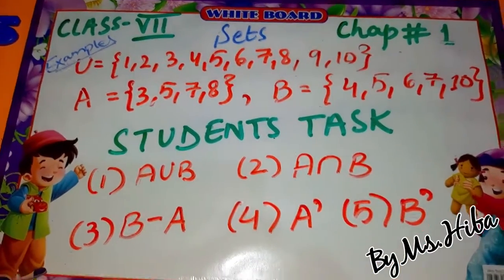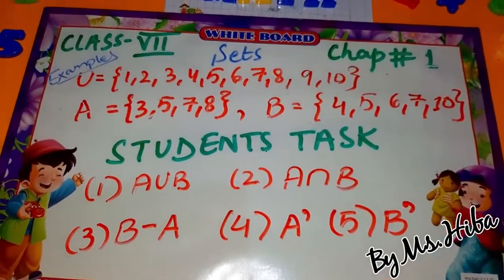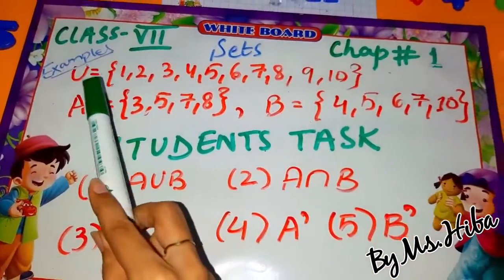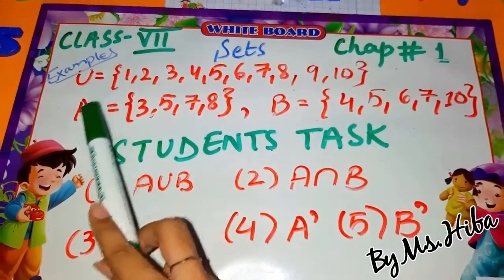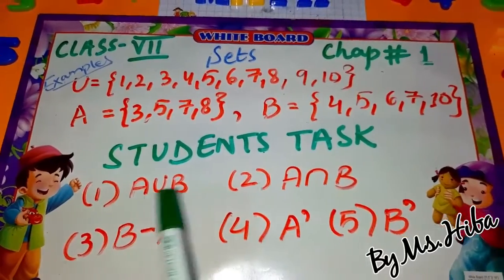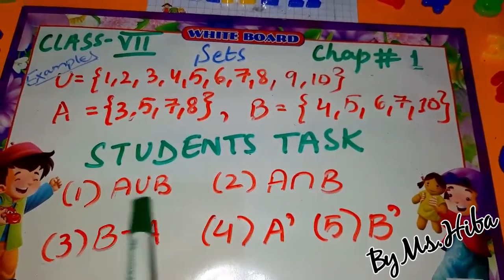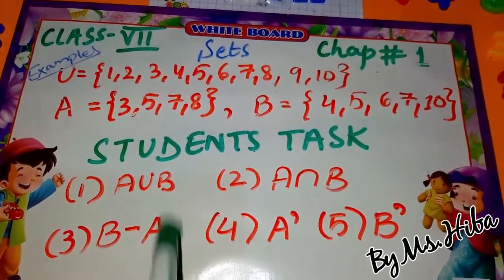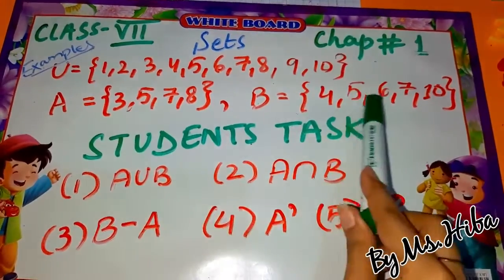Now it's time for the student task. I have given you a universal set, set A and set B for the following questions. You need to write the answer sets using these sets.